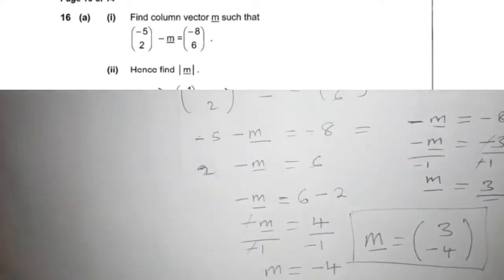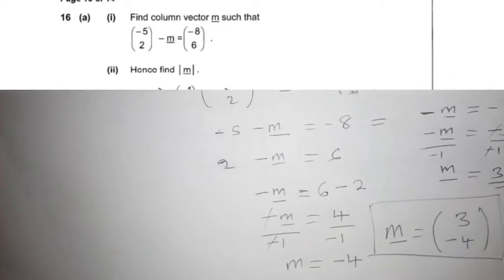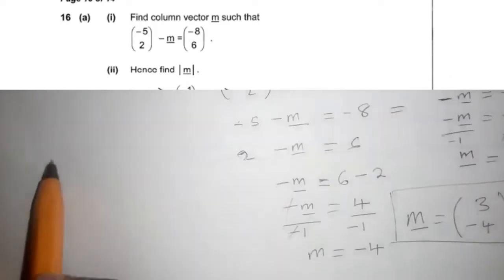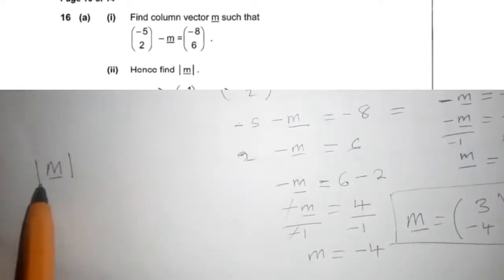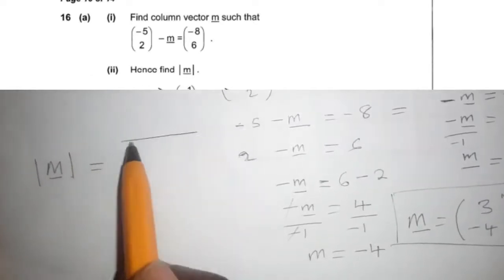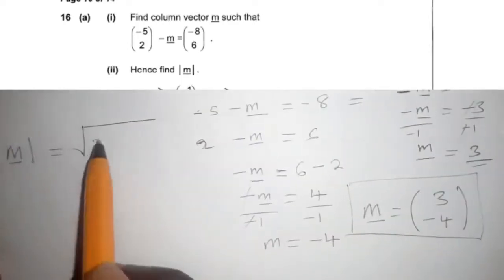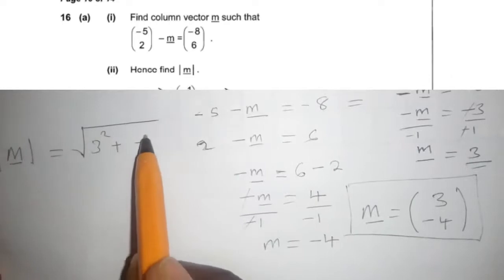Now on question 2, they've said find the modulus of vector M. Remember, root, you get 3 squared plus -4.